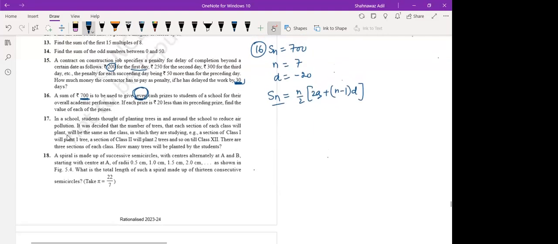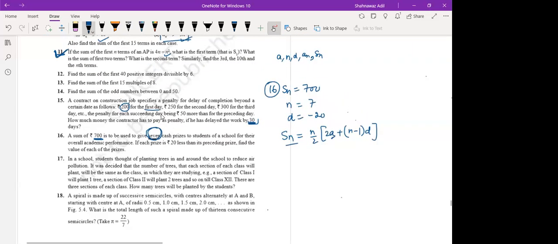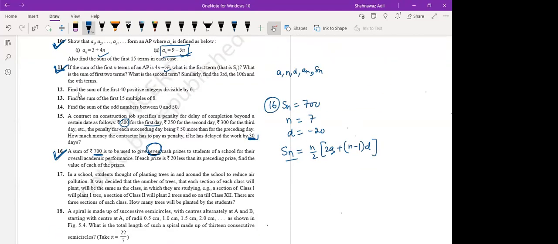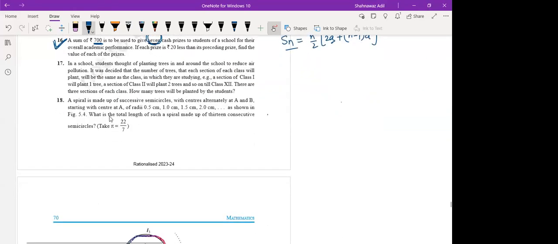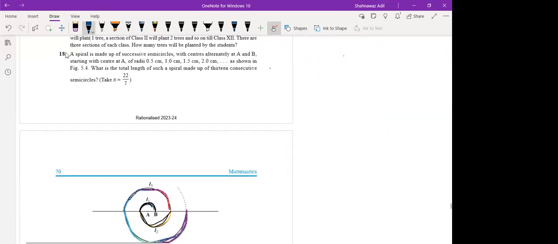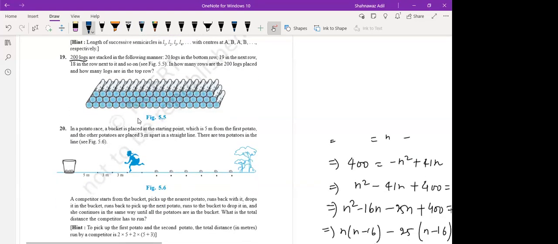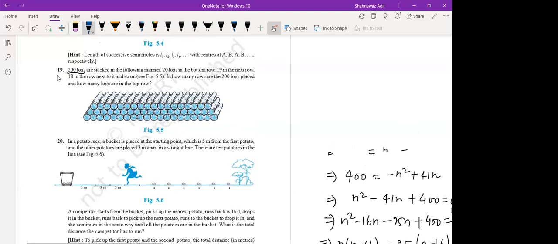Yeah, the 16th one, and between these 12 to 14, you can take one, whatever you want. Practice. I guess this spiral one is also good, and then last, these log ones. So if you have time, then please do that. Otherwise, please. So all these are very important questions.